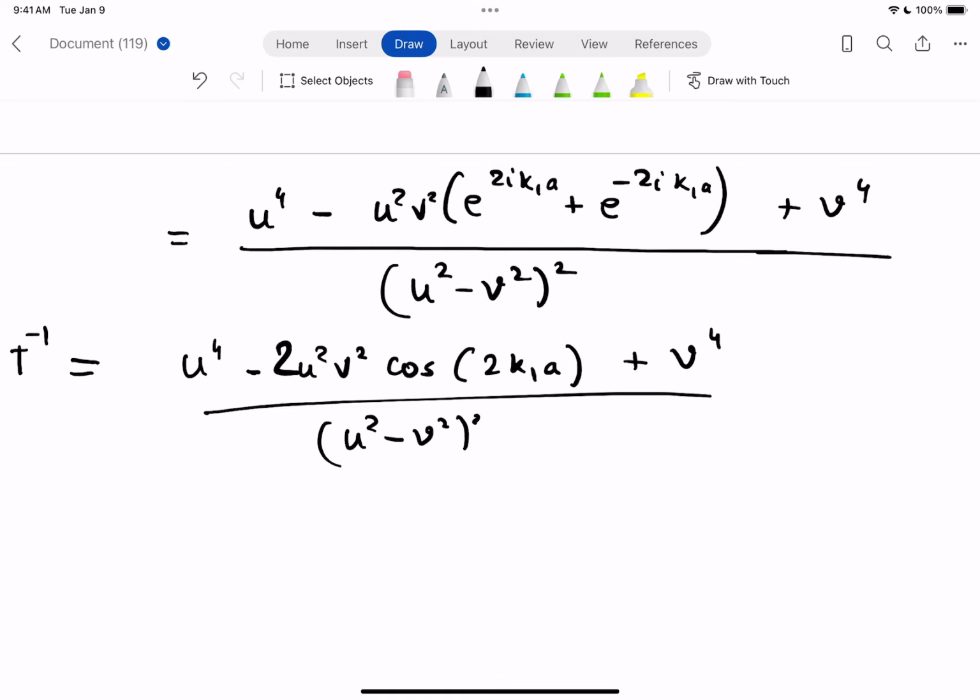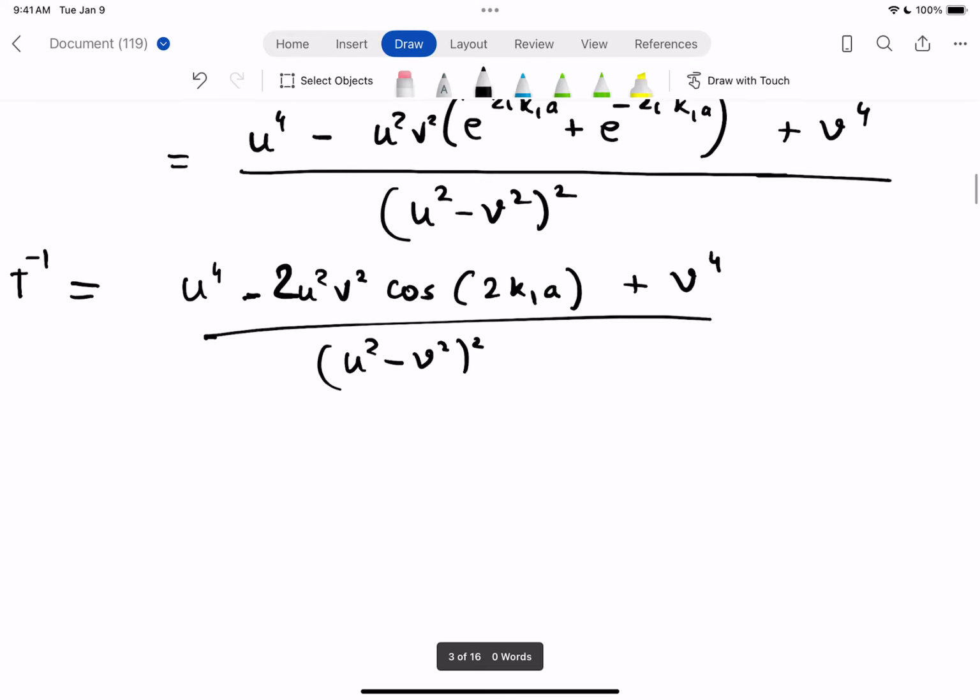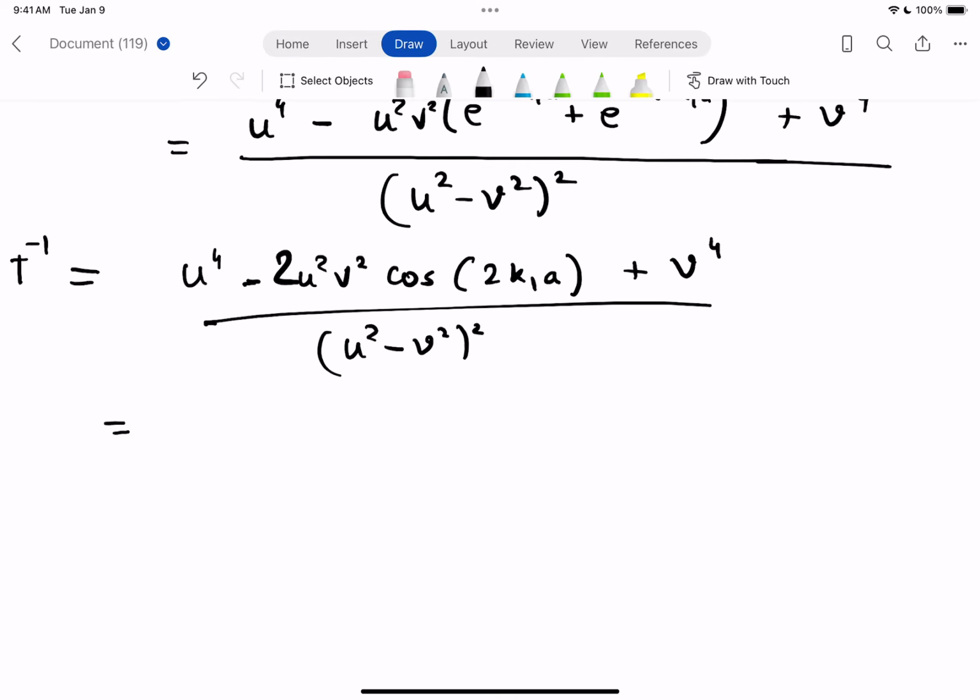If you can smell a simplification, feel free to pause the video and see if you can simplify it from this point on. But there's a nice simplification about to happen. u to the power of 4 minus 2u square v square times 1 minus 2 sine square k1a.